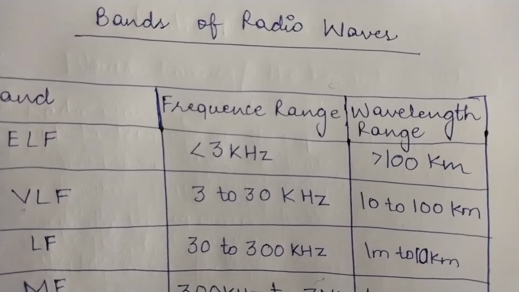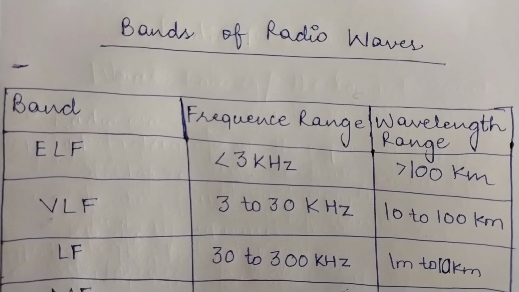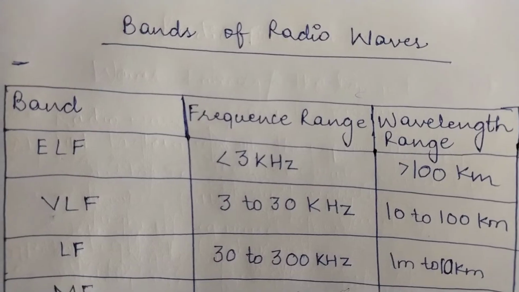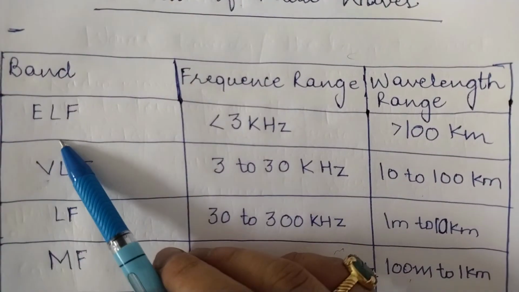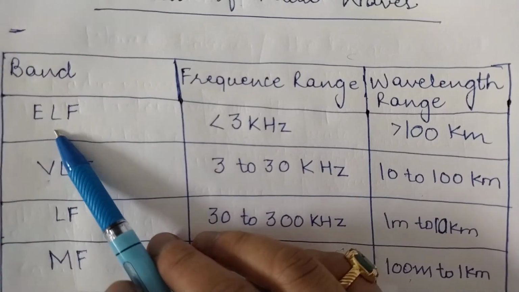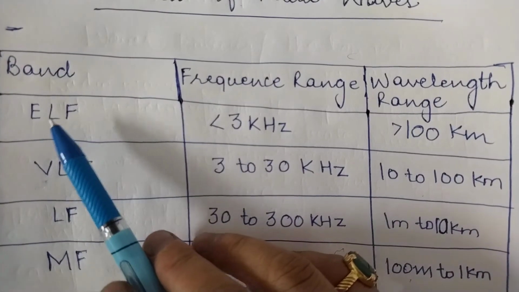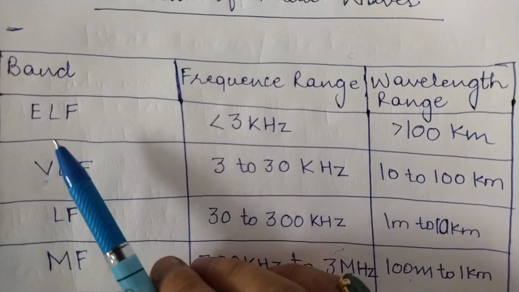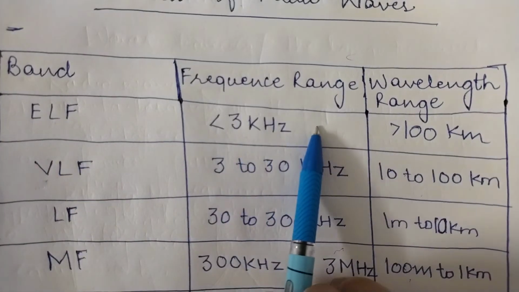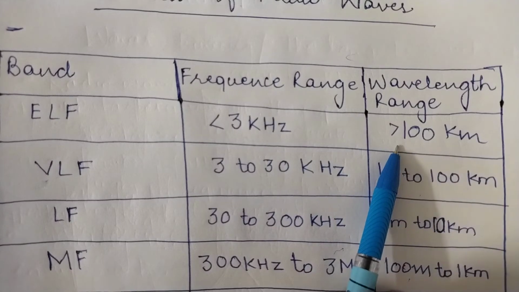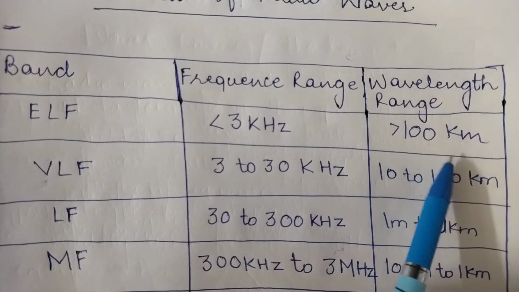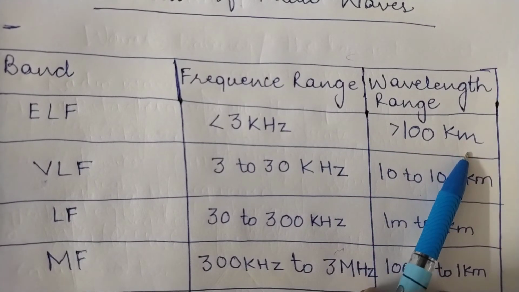Now let's look at the bands, or the frequency bands as we call them, of the radio waves. Starting with the extremely low frequency band, which we also call ELF. The extremely low frequency band, or ELF, has a frequency range of less than 3 kilohertz and the wavelength is greater than 100 kilometers.